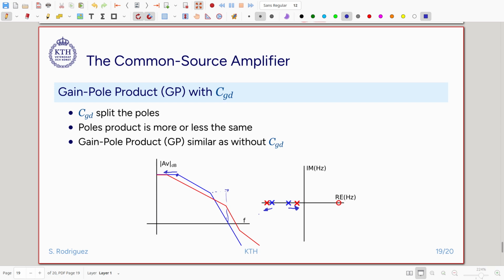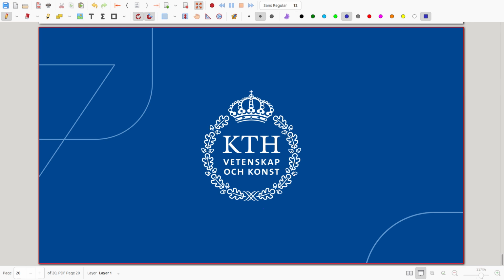However, when we calculate the gain bandwidth product, the result is almost the same, because one pole goes to lower frequencies and the other goes to higher frequency, and they kind of compensate each other. So the amplifying capabilities, when we calculate with or without CGD, really don't change for the common source amplifier. They are exactly the same.